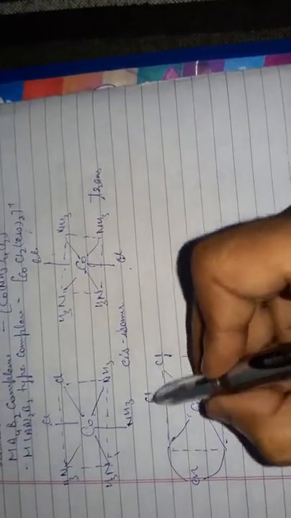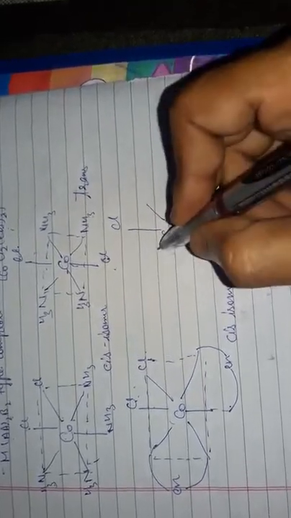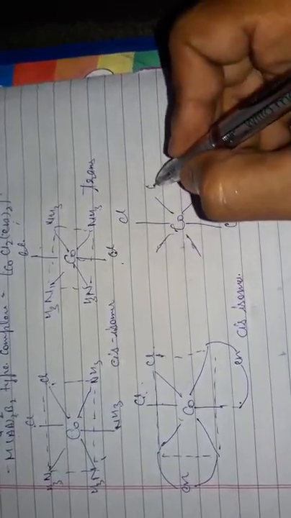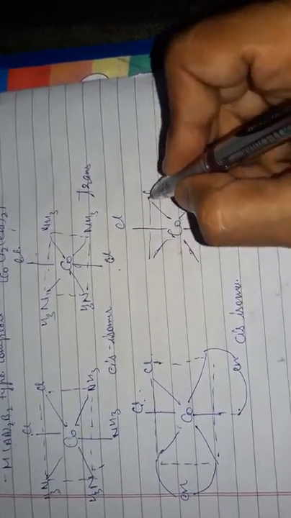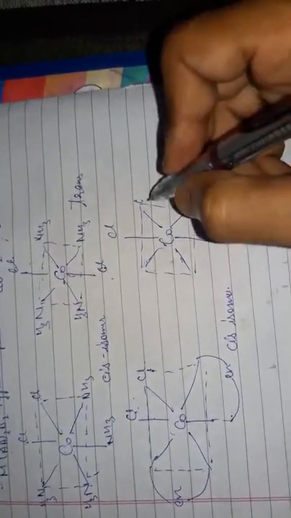So this is the chlorine attached to the nearest position, so that's why it is called a cis isomer. And the second one is when the cobalt and the chlorine are attached on the opposite side. So this is the isomer structure.